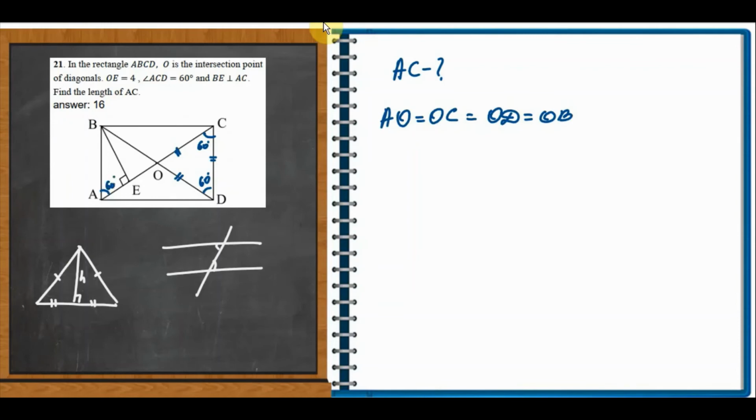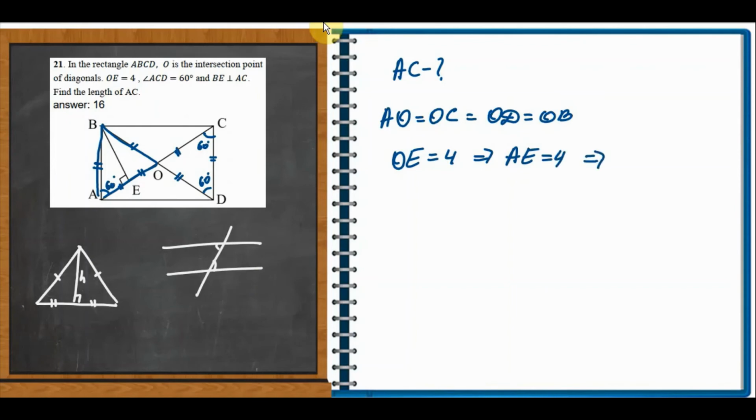And since we know this is the height, we know that they are equal. This is an equilateral triangle, and these are also equal. The height will be the median at the same time. It means that if OE equals 4, then AE will be 4 as well.